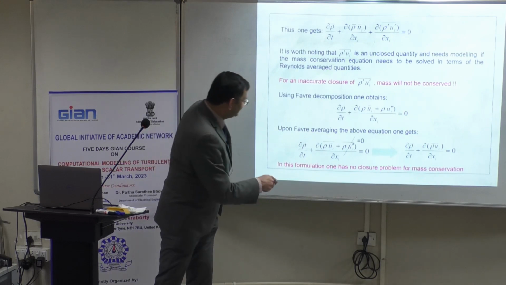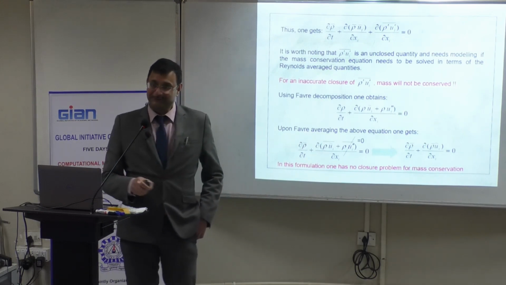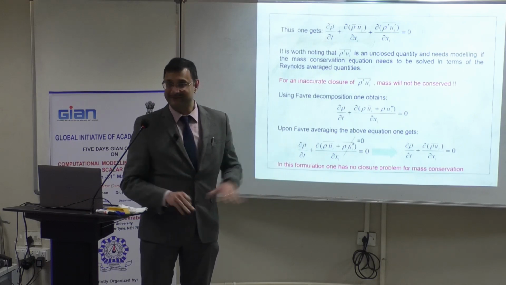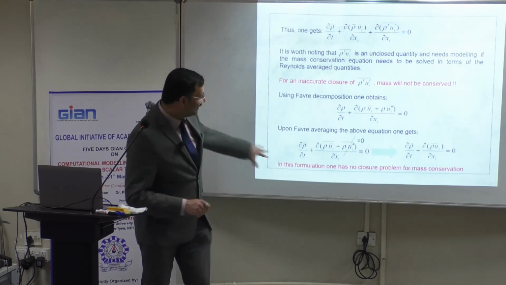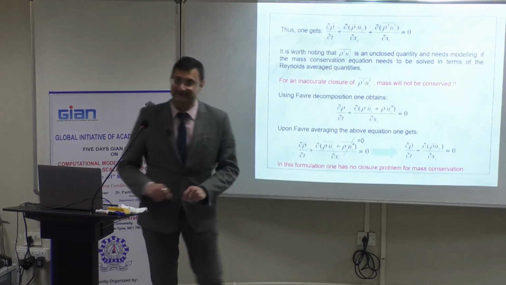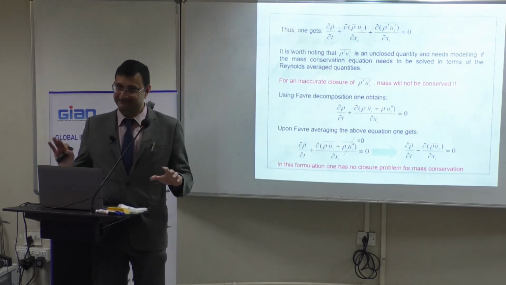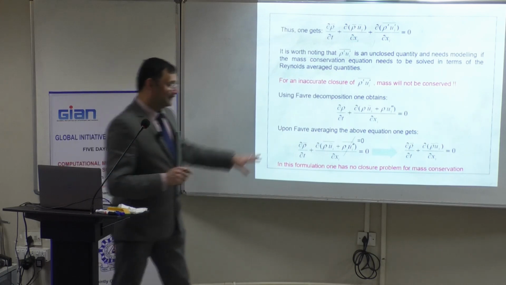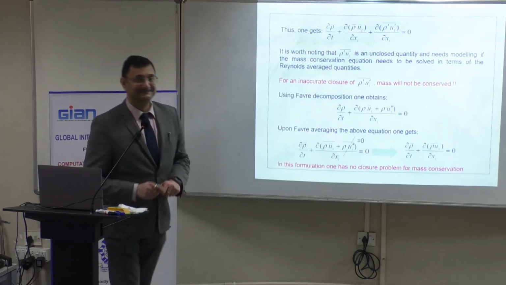If the wording is confusing to you, I'll change it when I send it to you. But effectively, we are Reynolds averaging the whole equation, but we are writing it in terms of the Favre average. Clear? I guess that's what you are referring to, right? Fine, I'll clarify it for you.